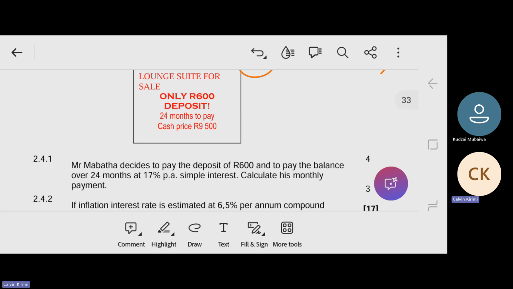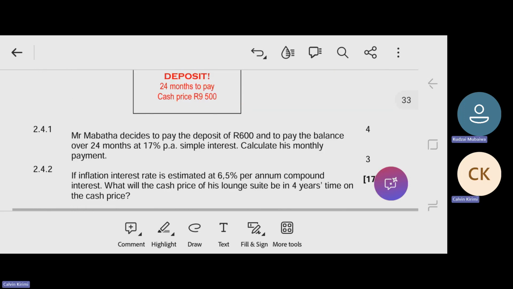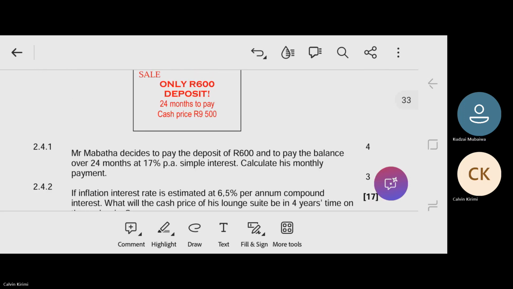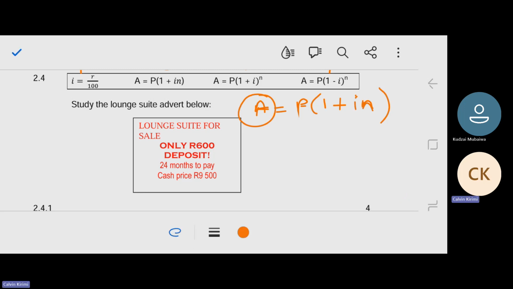Calculate his monthly payment. Okay, so cash price is 9,500. Deposit is 600. So how much is left to pay? So the cost is how much? 9,500.